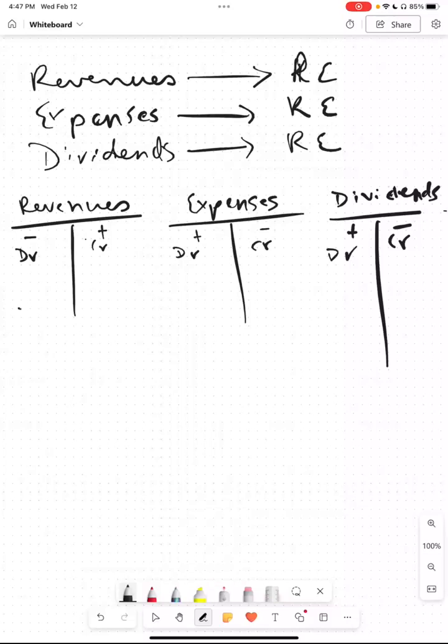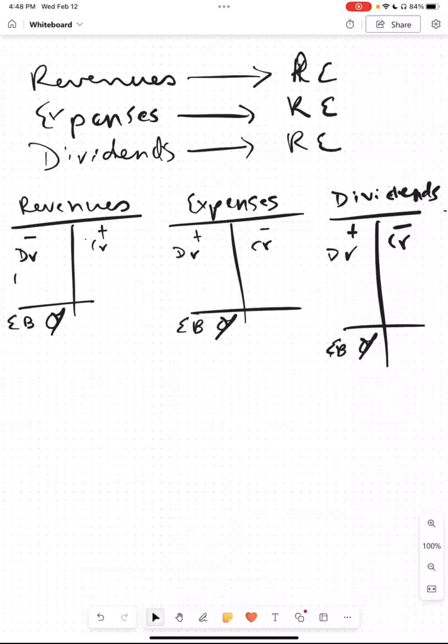All I'm saying here, all we're really doing is you're taking your ending balance and you want it to be zero. The way you make these zero is, let's say you have $100 in revenue, okay? How do you get your ending balance in an account to be zero?